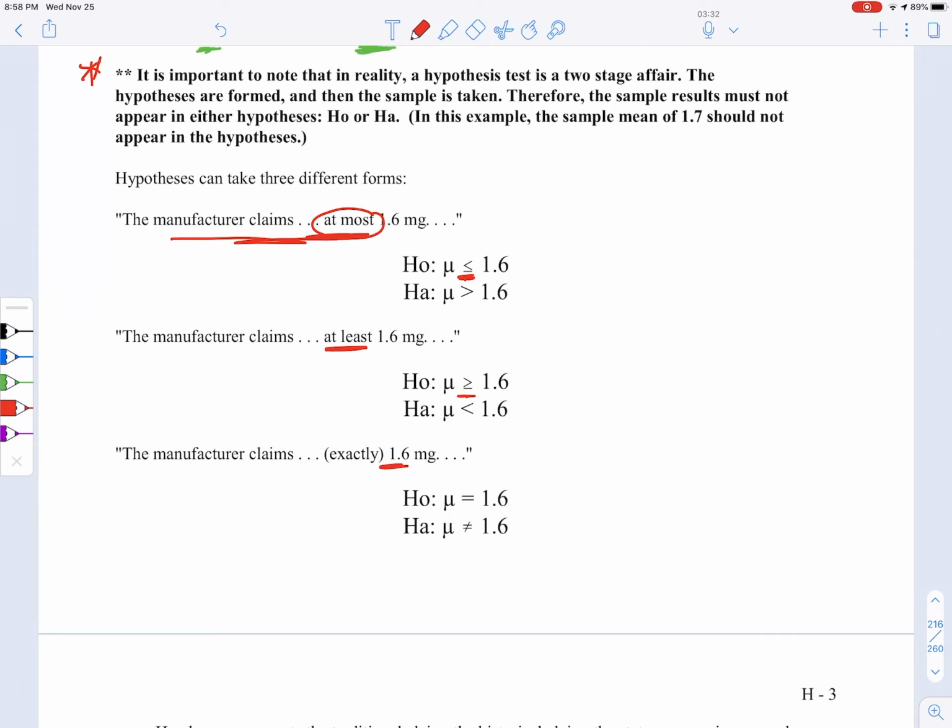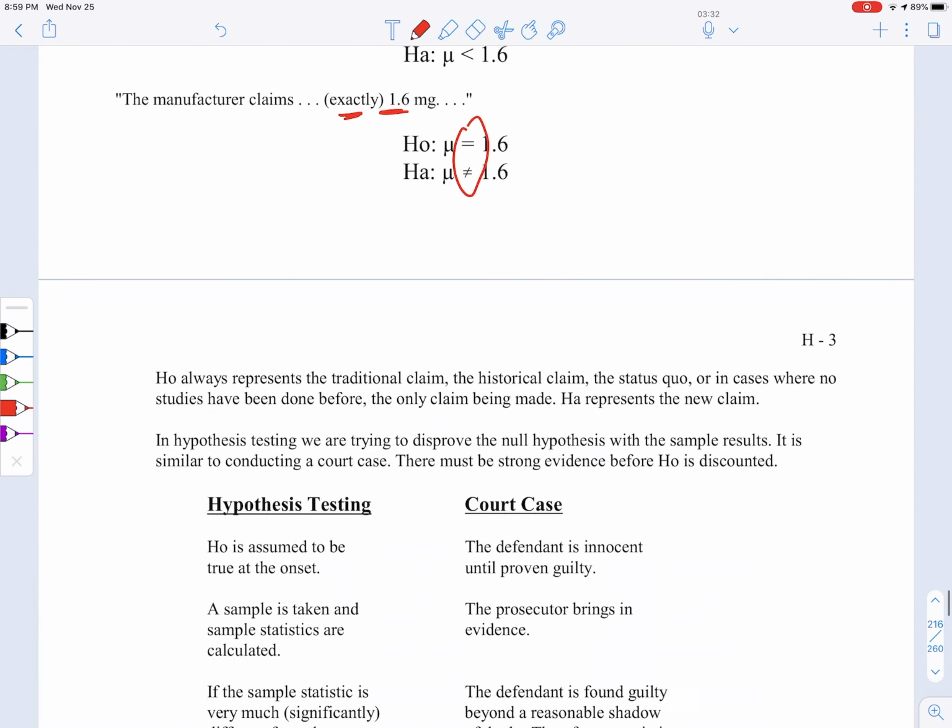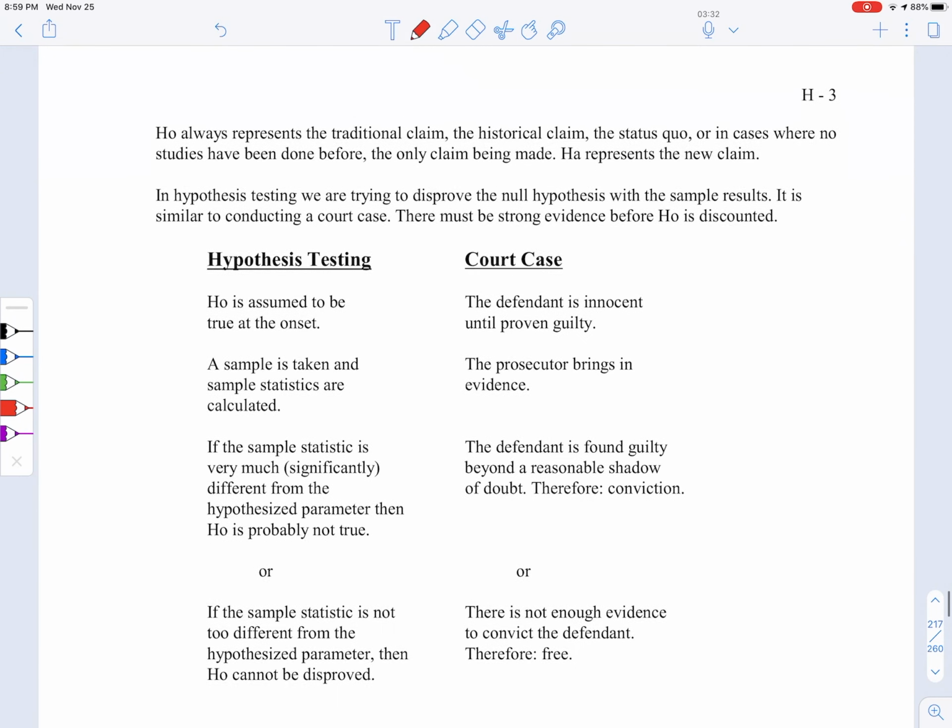Sometimes it's equal to 1.6. They don't usually say exactly 1.6, but we would write that like so. And that means that either a very high sample mean or a very low sample mean would cause us to reject the null hypothesis in favor of the alternative. We'll see an example of that a little bit later.